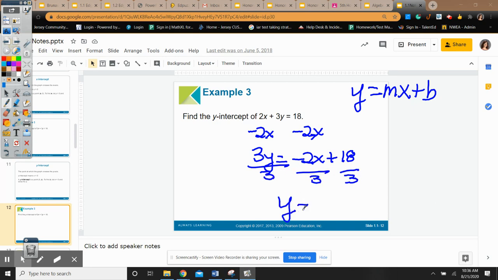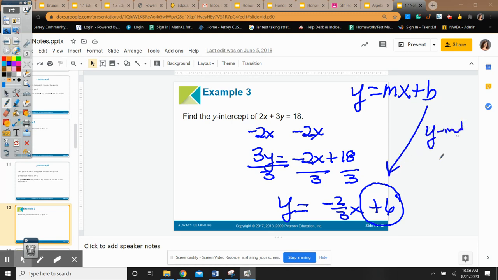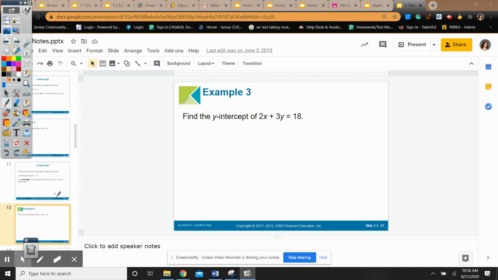And you would get y equals negative 2/3 x plus 6. You would have to know this is the b or the y-intercept, and you would write it as an ordered pair 0, 6. It was a little quicker by plugging in 0, but this gets the job done as well. So it's not wrong if you would have thought to go that way.